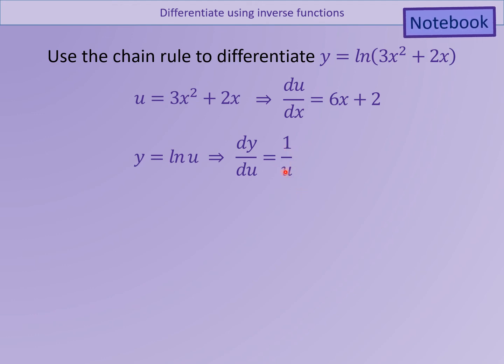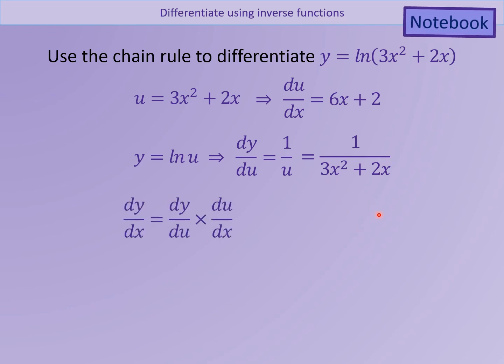Now, once I've done that, I can just put these two results together to find dy over dx, because the du's will cancel out, leaving 6x plus 2 times 1 over u. Okay, so there we go. The du's cancel out. All I did there was replace the u back to that part. So I end up with these two multiplied together, and lo and behold, 6x plus 2 over 3x squared plus 2x.